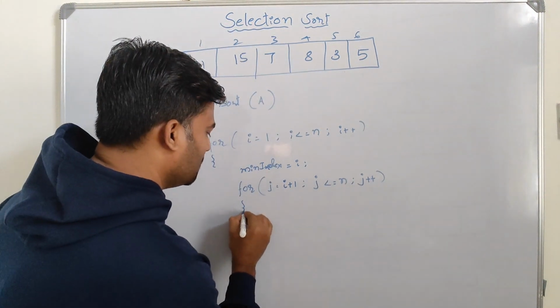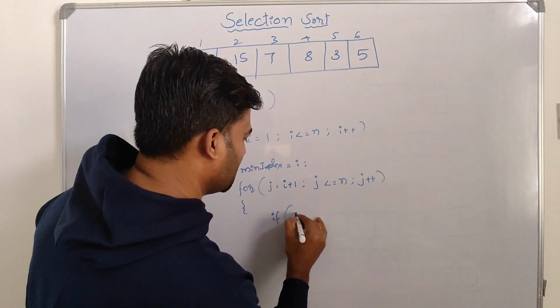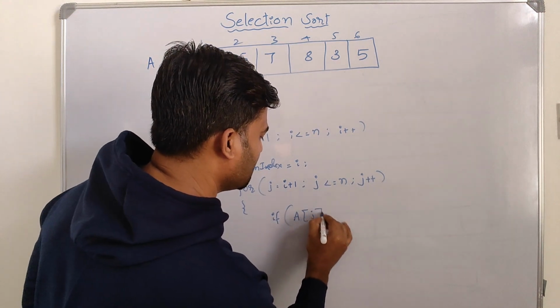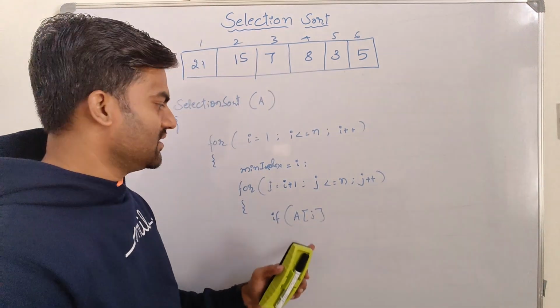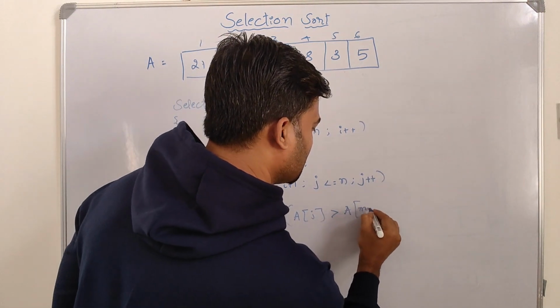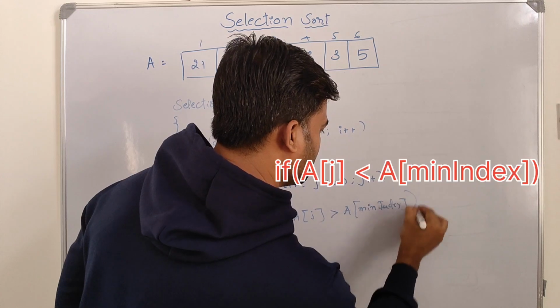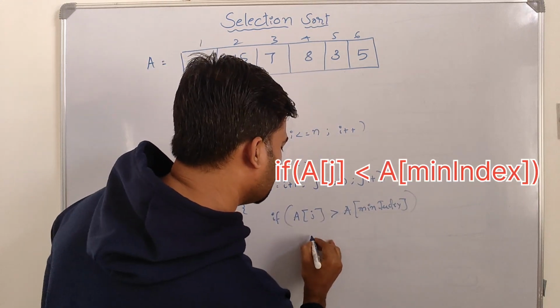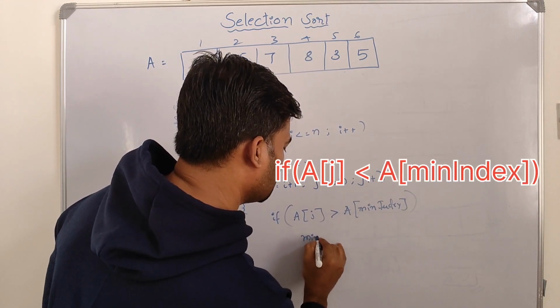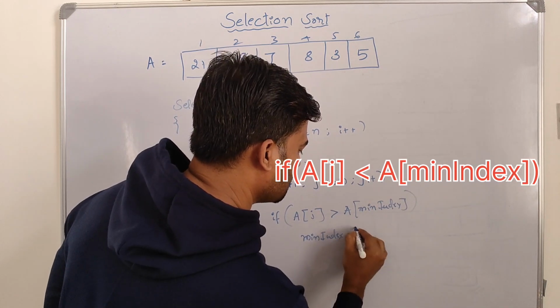Now I will check if A of j is less than the element at min index, then we will simply update min index equal to j.